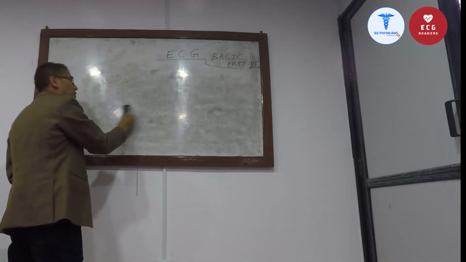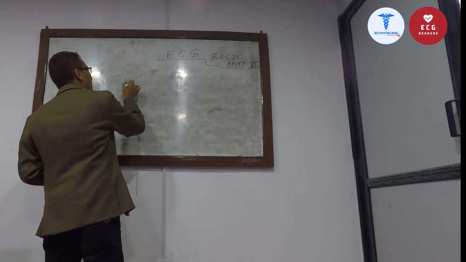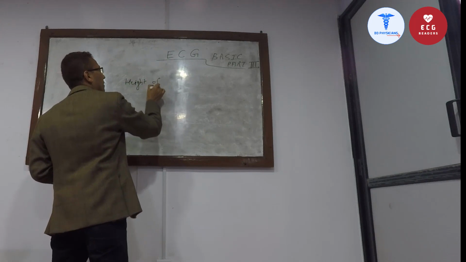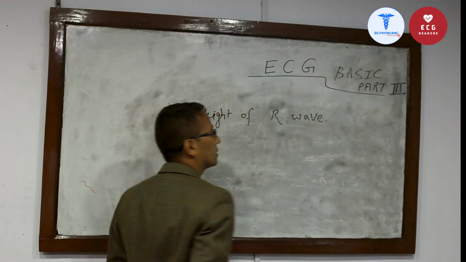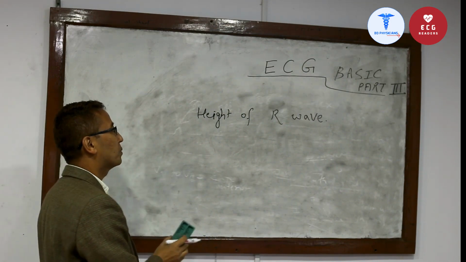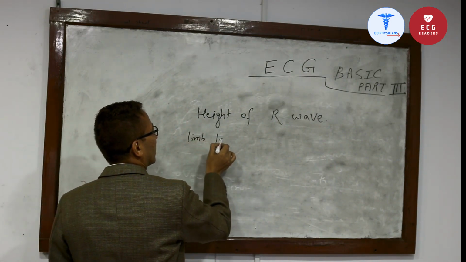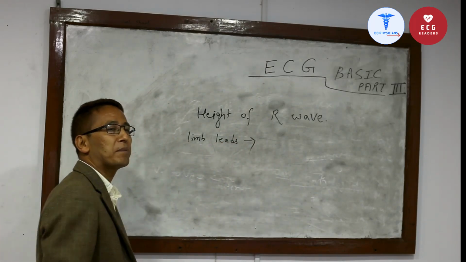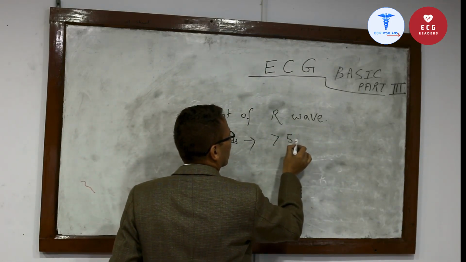Now come to the height of the R wave. The height of the R wave in the limb leads should be more than 5 millimeter.